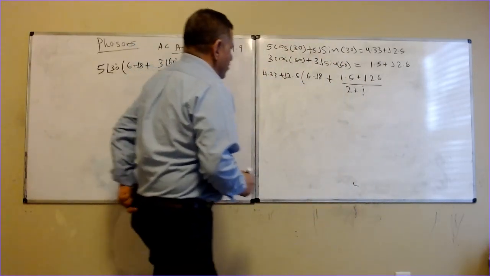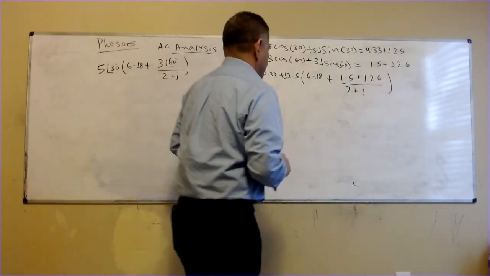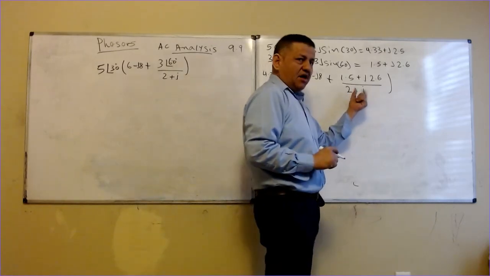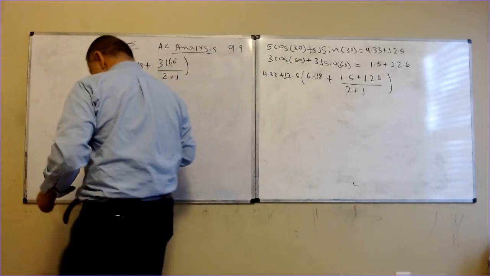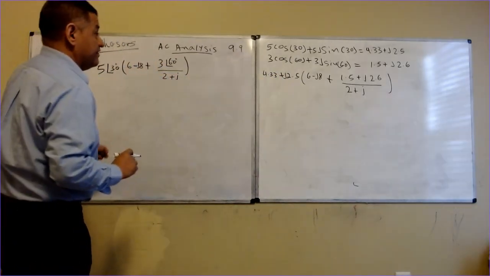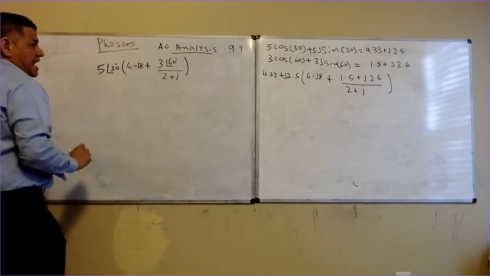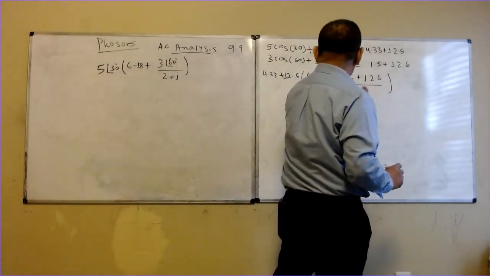So now we have to do more work, unfortunately. So remember that we have this denominator here. We have to get rid of it. And the way that we get rid of that denominator is by doing the following. I will put this part right here separate because it's going to require a little work.